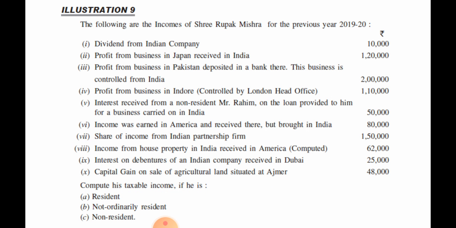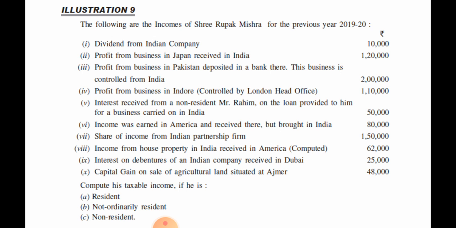And the next point is income was earned in America and received there but brought in India. Income was earned in America, which means it is a foreign income, earned in America and received there.